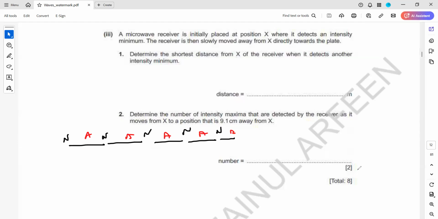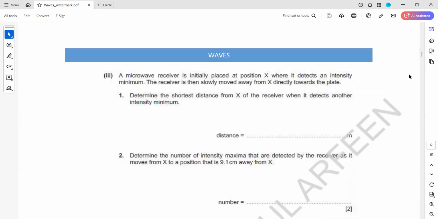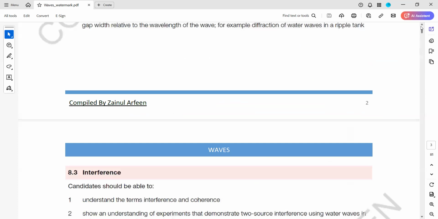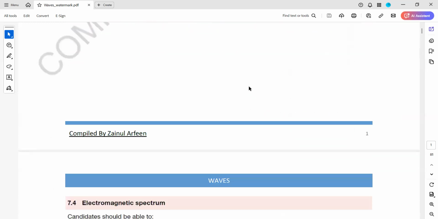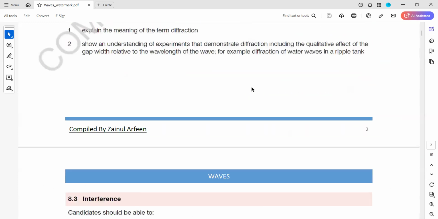Why is it 2 marks? These two combined: this has 1 mark, and this also has 1 mark. So there is no working you have to show. You just directly write the answer for this. Is it clear, these questions?